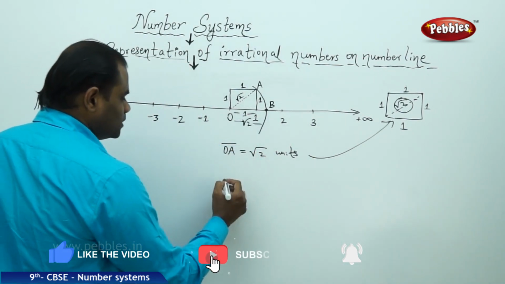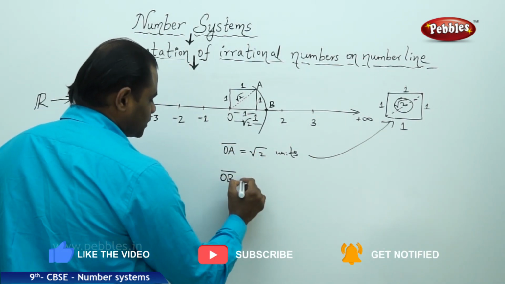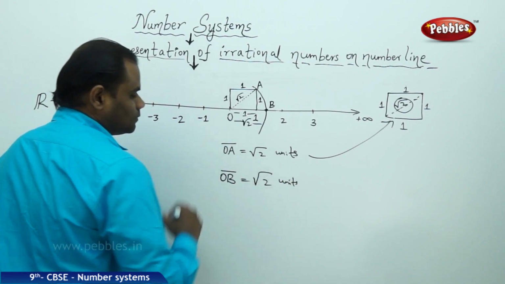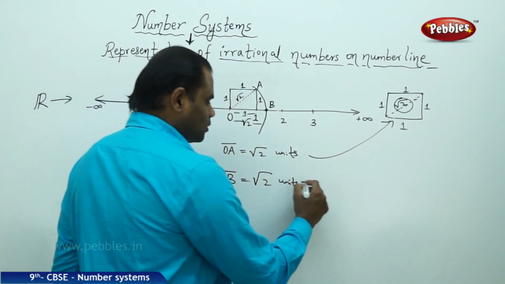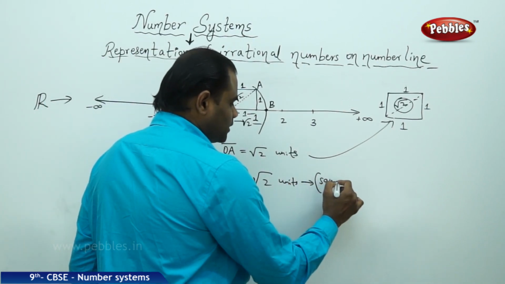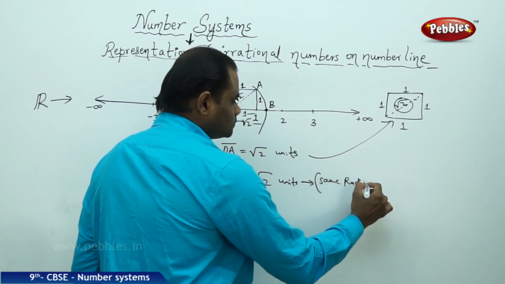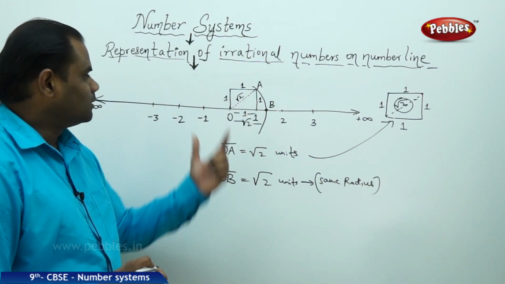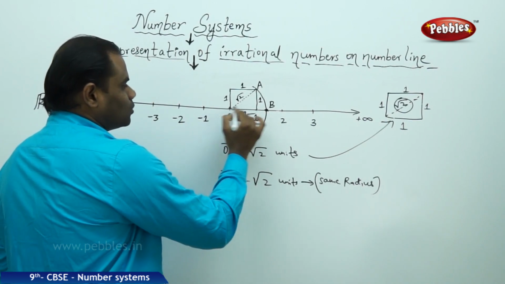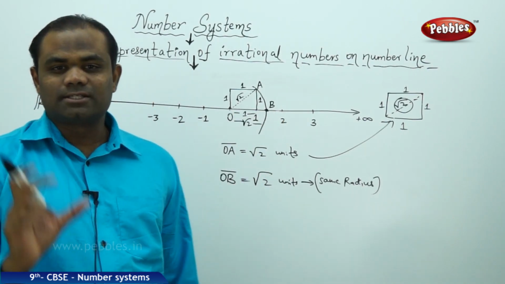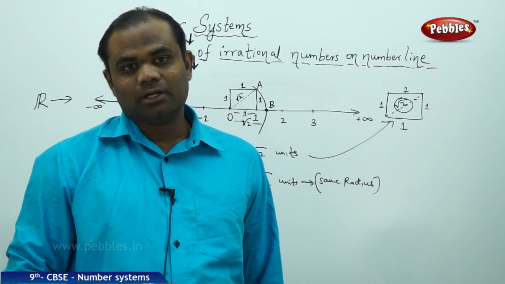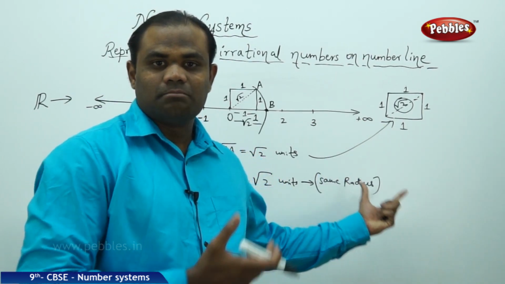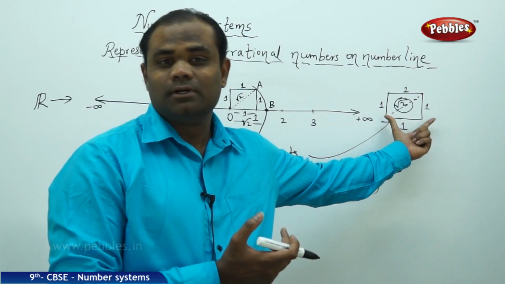Therefore, my OB as constructed from the arc is also root 2 units, because it is the same radius concept, and therefore my distance on the number line from O to B is root 2, which is an irrational number that can be represented on the number line in this manner of constructing through the geometrical square diagonal.